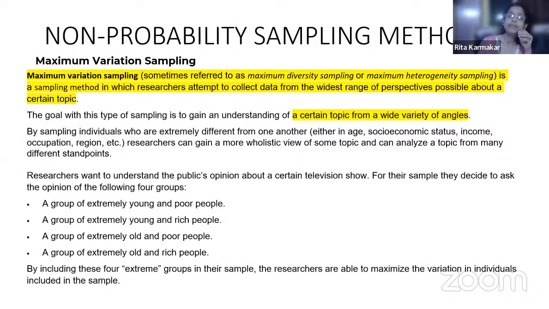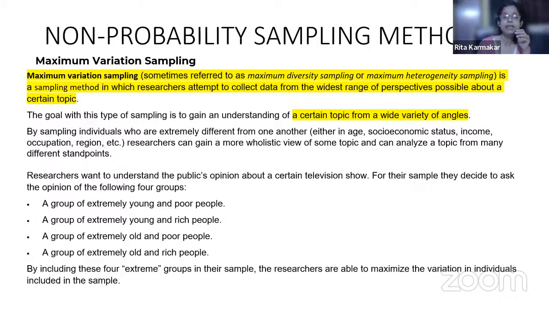Maximum variation sampling is often referred to as maximum diversity sampling, and it is used when a researcher attempts to collect data from the widest range of perspectives possible about a certain topic.